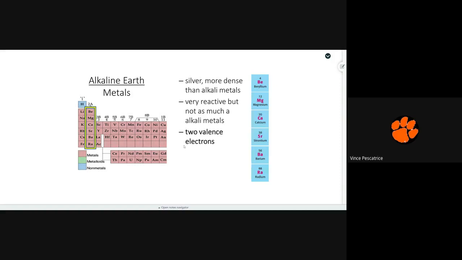Magnesium powder is the stuff that goes on the end of sparklers. If you ever had a sparkler on the 4th of July and it sparks that bright white powder, if you scrape it off the end of your sparkler, that's magnesium powder. It burns a bright white. It's very hot.